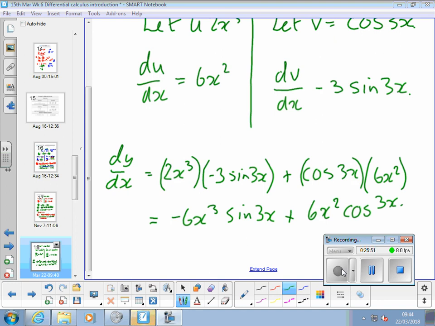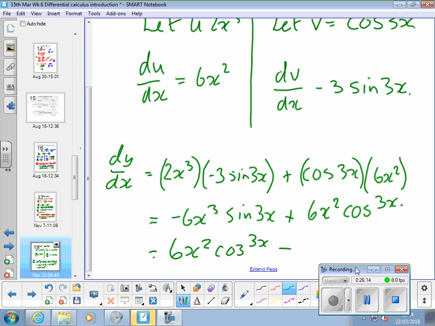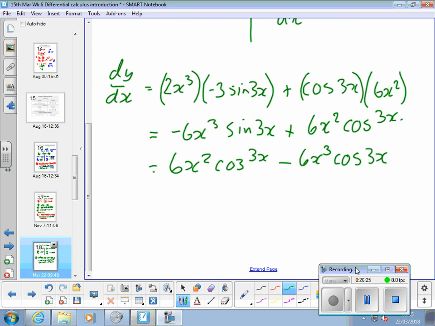What he's done is he could write that with this on that side and the minus on that side. Do you see? That's all he's done. He's written it as 6x squared cos 3x minus 6x cubed sine 3x, and then simplified by taking 6x squared outside some brackets.